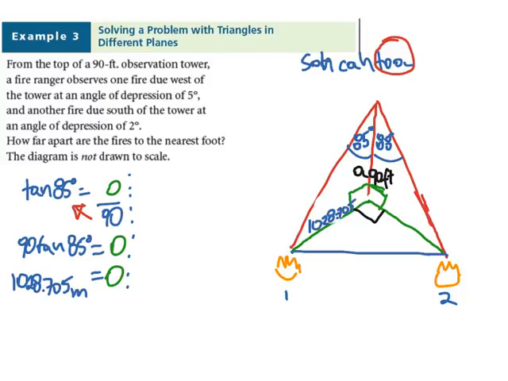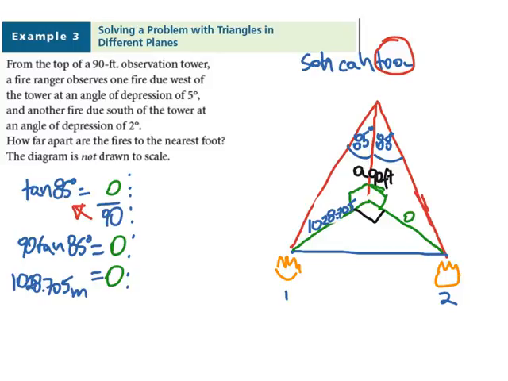Now we're going to solve for the distance from the base of the tower to the second fire. We're going to use the same idea. We're going to label the triangles. So we have, again, opposite. The tower height is still 90, and we're going to use the 88 degrees.